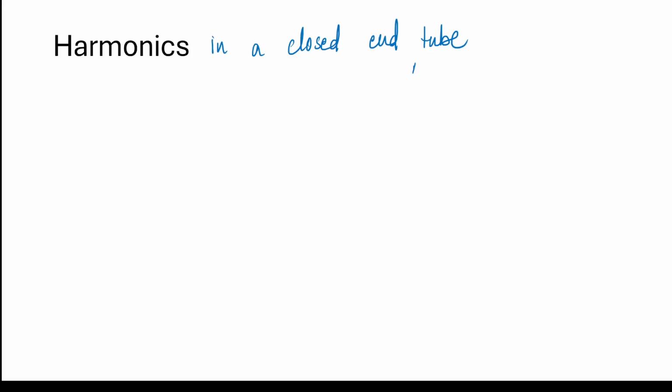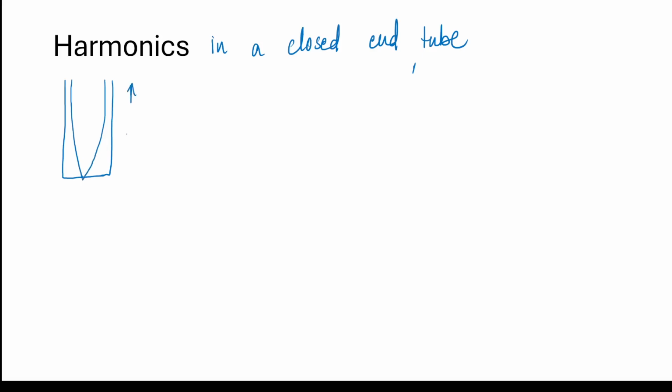A clarinet would act like a closed end tube, but how would the harmonics look like in a clarinet? Okay, let's just see. Something like this. It's closed at one end. Now guess what would be formed at the closed end when it's producing stationary waves. So at the closed end, it is a node, and at the open end, it is an antinode.